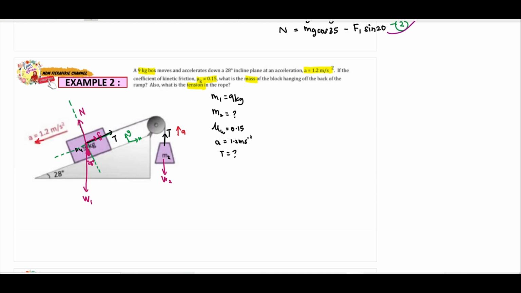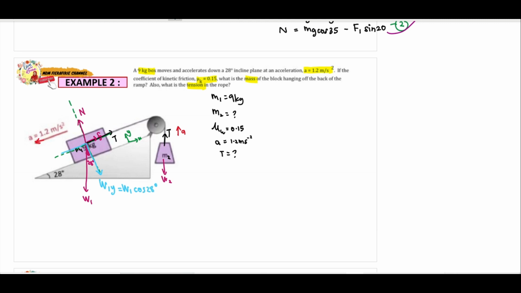Okay. So, let's start our calculation. But, make sure before you start your calculation, please resolve all forces yang ada angle. So, untuk case kita sekarang, force yang ada angle hanyalah weight, W1. So, saya nak resolve W1 kepada W1Y, which is W1 cos 28 degree.